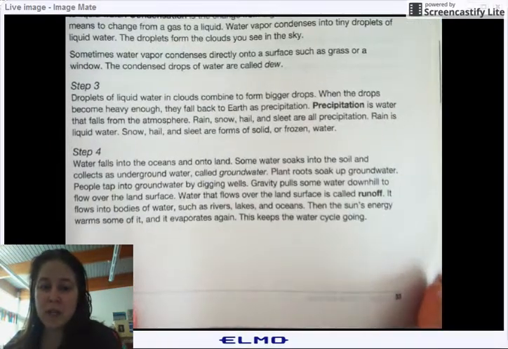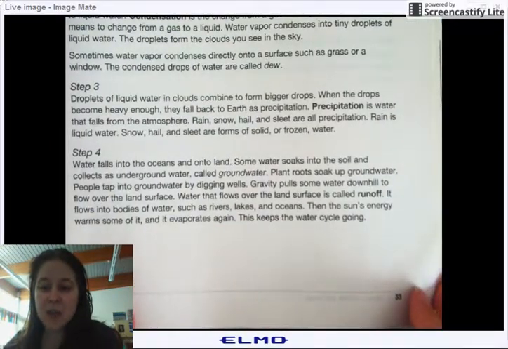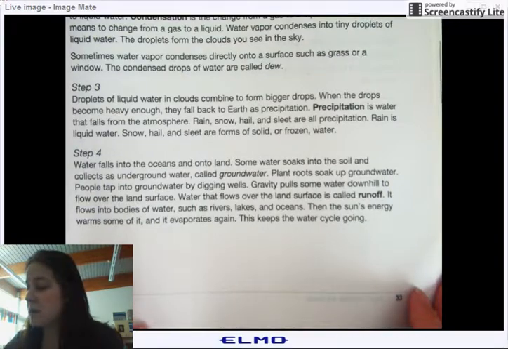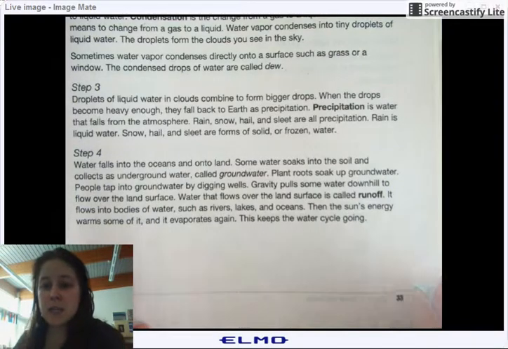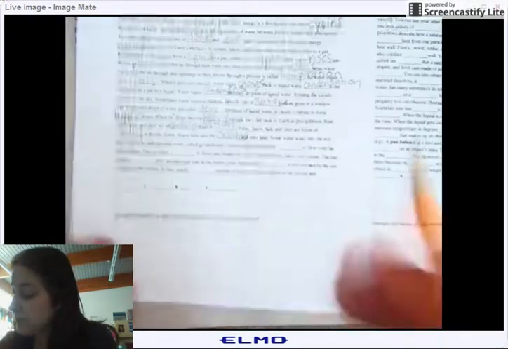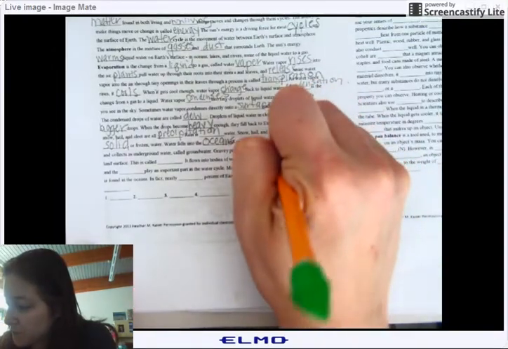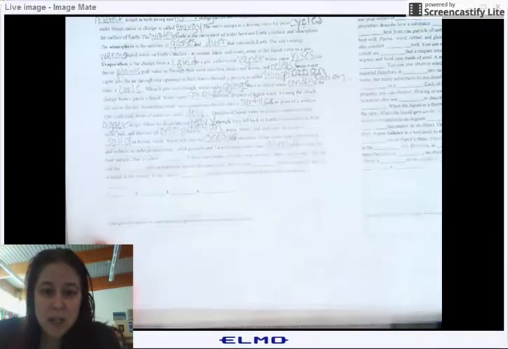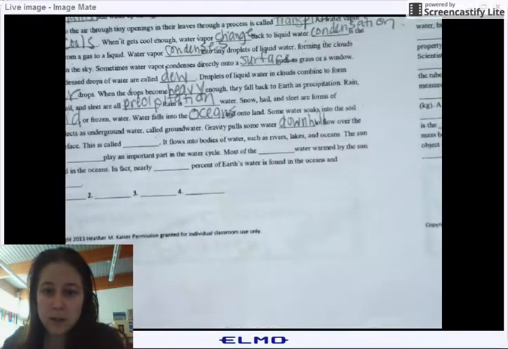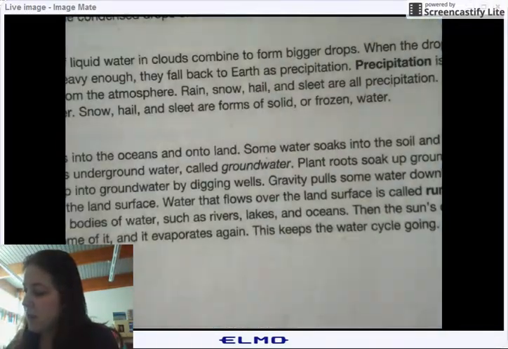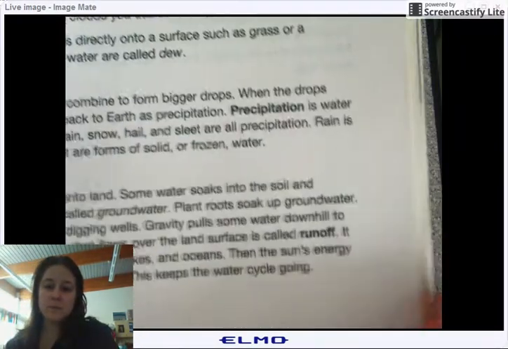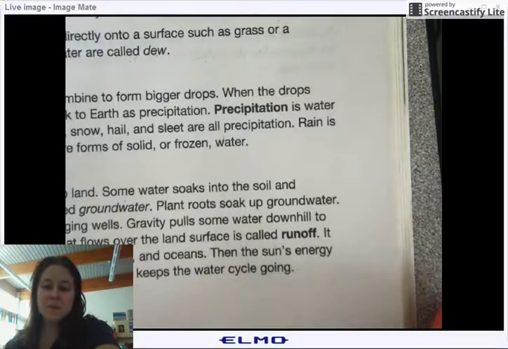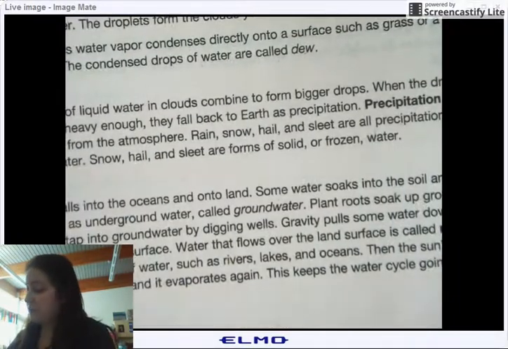Look for the word gravity. Gravity pulls some water downhill to flow over the land surface. This is called, so what is it called when it flows downhill? It's in bold. Runoff.